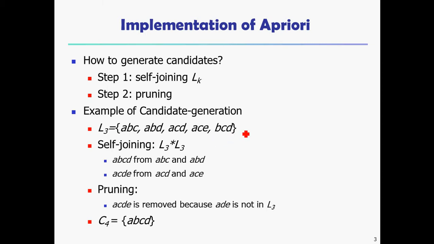Suppose we have the associations of these cases, ABC, ABD, ACD, and so on and so forth, with the three item sets. Can we have four item sets? The naive approach is that with this, we can go back to the original table and include all the data items, D, E, F, whatever that might be possible, right?